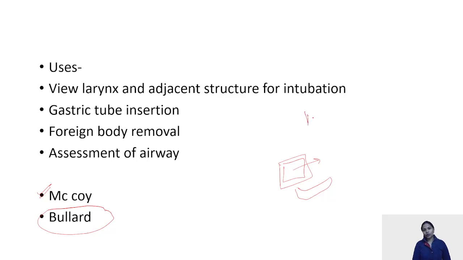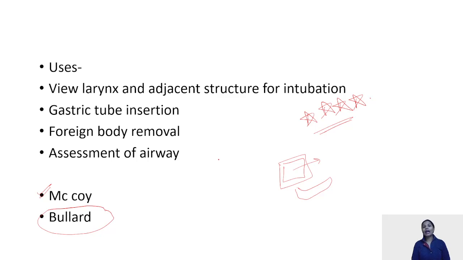Now a star question. Obviously we all have to have an edge above the others. The star question here is, what is the principle of the video laryngoscope? Because I anticipate that conventional laryngoscopes have been asked a lot of times, something new has to be given, right? And video laryngoscopes are the thing of trend these days.